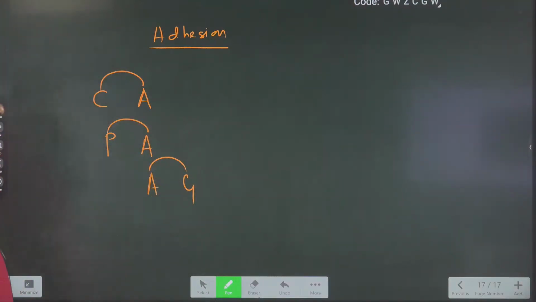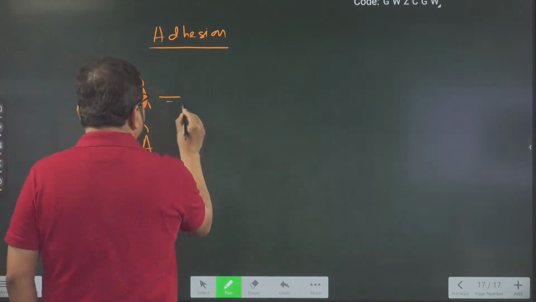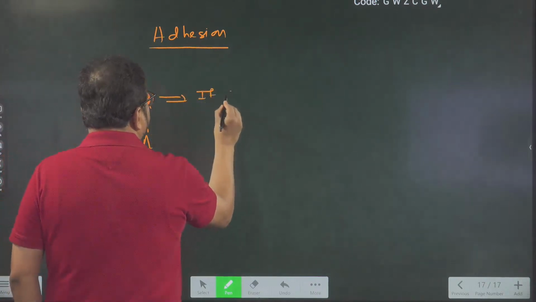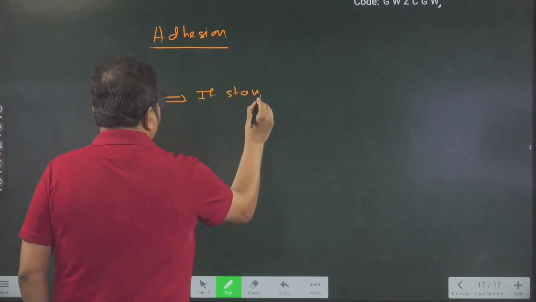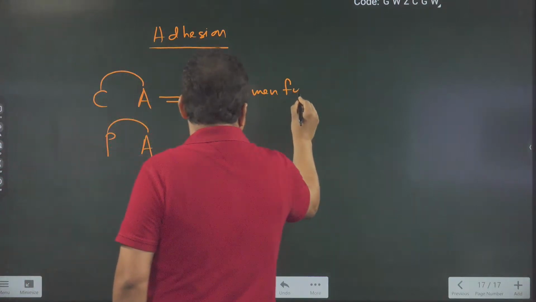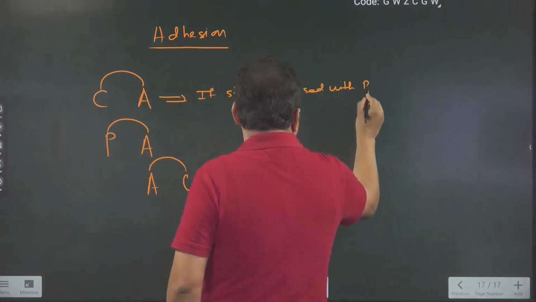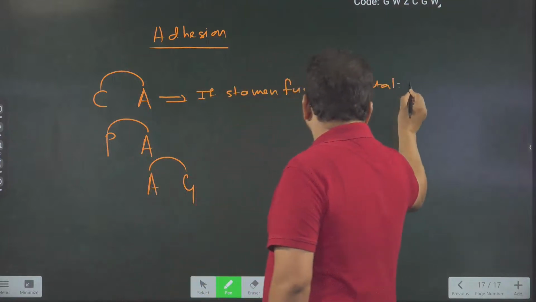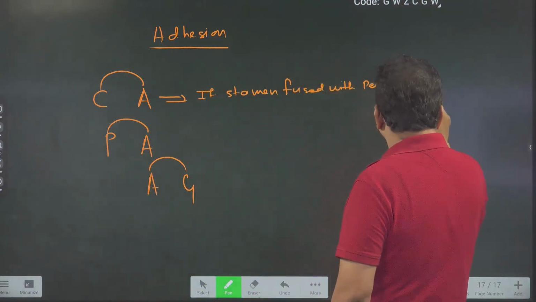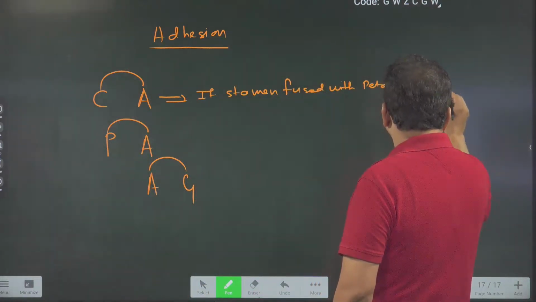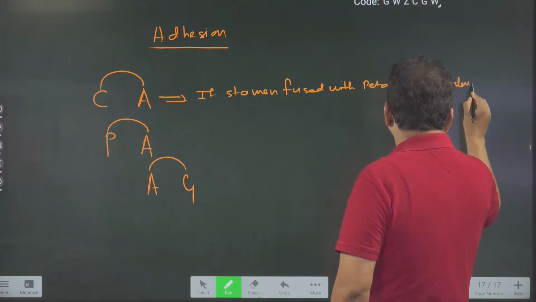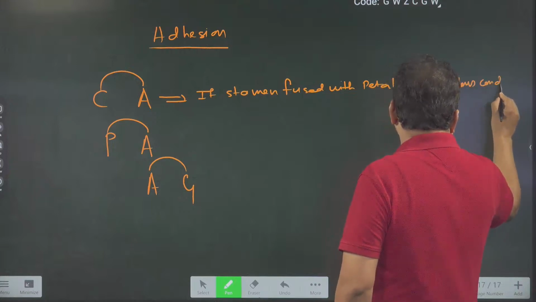Got the idea? So if stamen is fused with petal, this condition is called epipetalous condition.